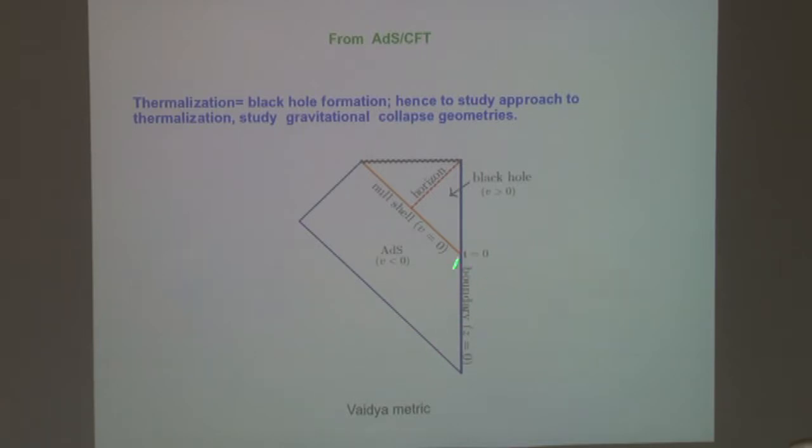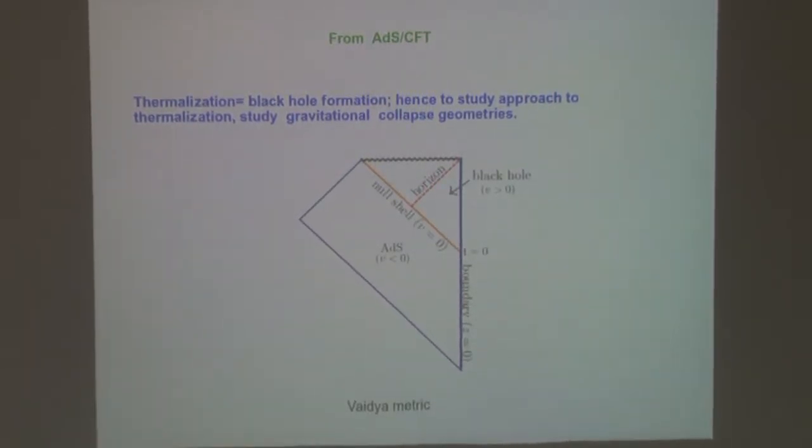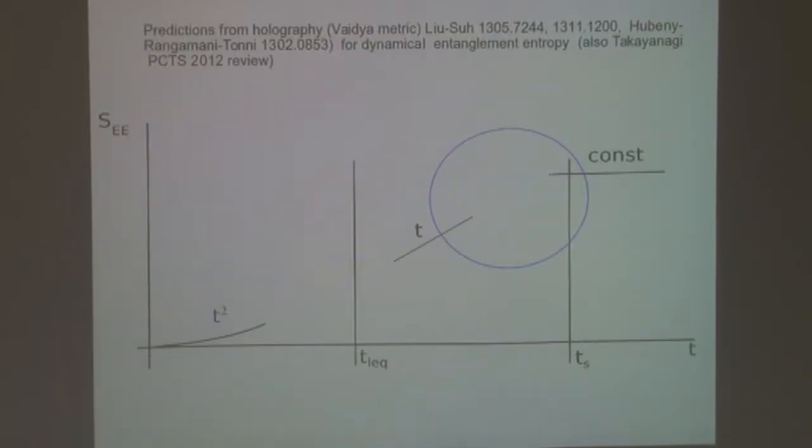As you go from here to here, you expect that the entanglement entropy should show some properties of entanglement entropy in a thermal ensemble, and that's indeed what happens in this schematic diagram. In this blue circle, we show the approach to thermalization, and there is also early time behavior which goes as t square up to some length scale.